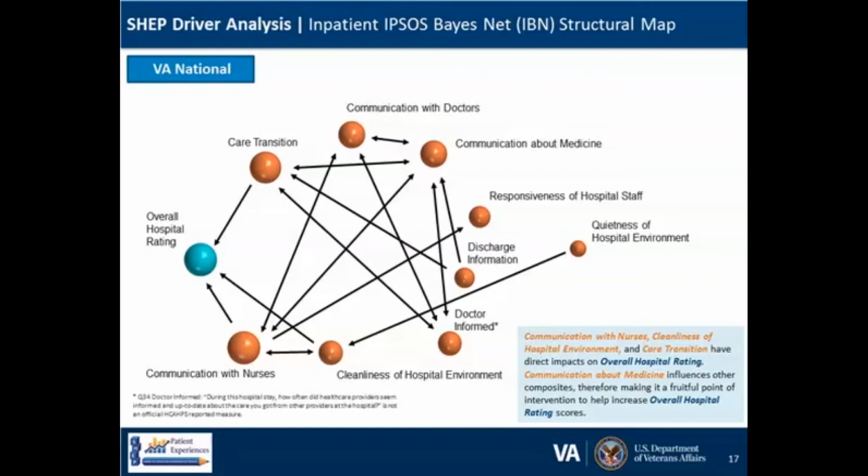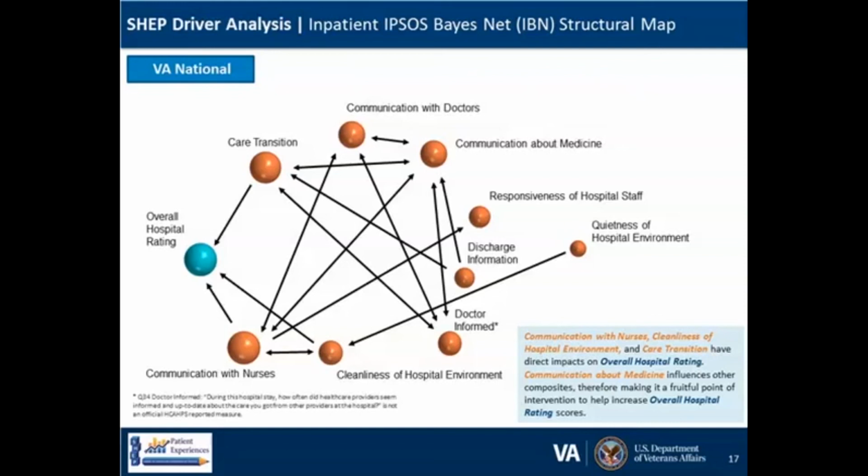And also, there's a bunch of arrows going around, so it's kind of busy. Not only do these metrics have influence on that overall hospital rating, but they also influence each other. If you take a look at communication with nurses, in the bottom left-hand corner of that screen, that has a bidirectional impact with communication with doctors. In other words, communication with nurses impacts communication with doctors.